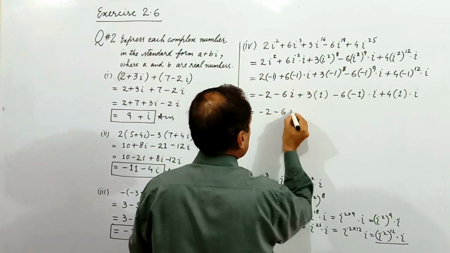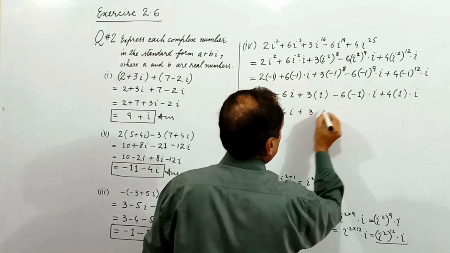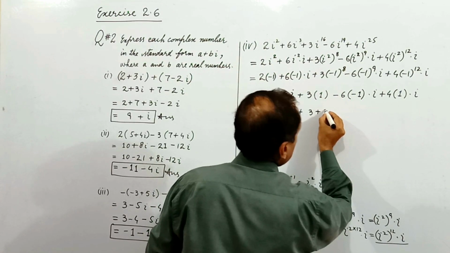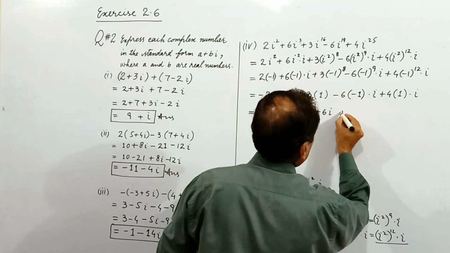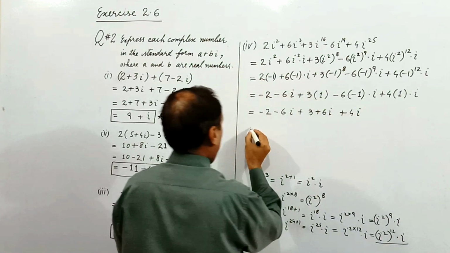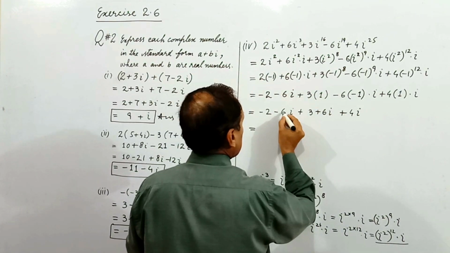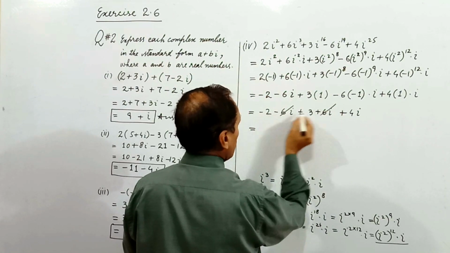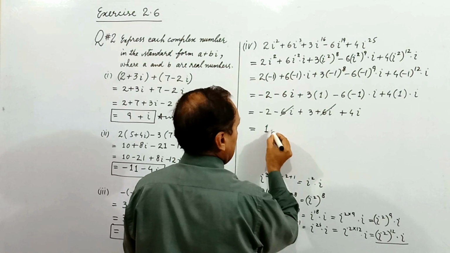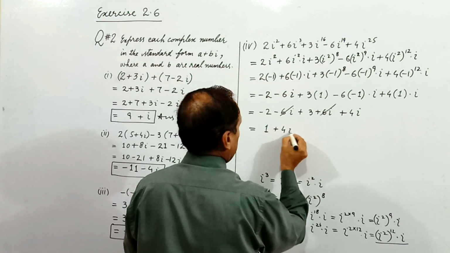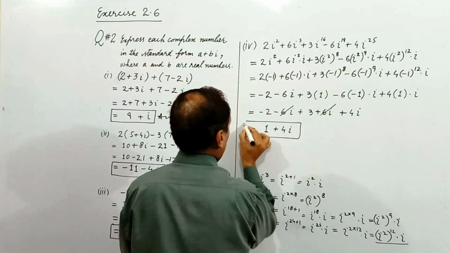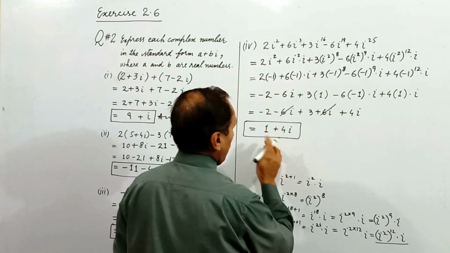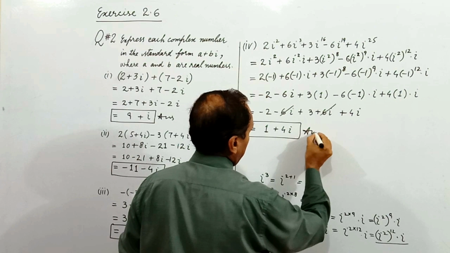Minus 2 minus 6 iota plus 3, minus into minus is plus 6 iota plus 4 iota. Like terms having different signs cancel. Minus 2 plus 3 is equal to 1, plus 4 iota, and that is the simplified form of part 4 of question number 2 in the form a plus b iota.